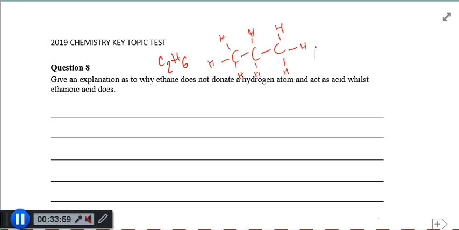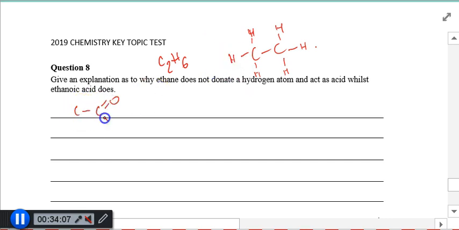But ethanoic acid, if you compare that, that's not ethane. I just drew something else. Ethanoic acid looks like this, and we should know that this here, this proton here is an acidic proton.